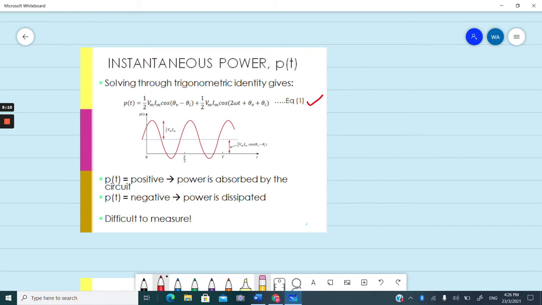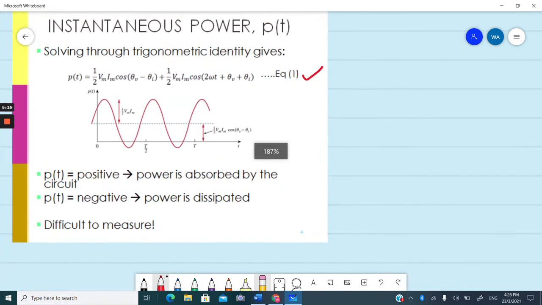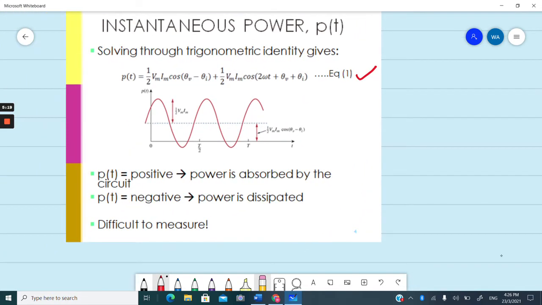And when we plot the waveform for this equation, the positive peak is half Vm Im and the negative cycle is half Vm Im cos(theta v minus theta i).